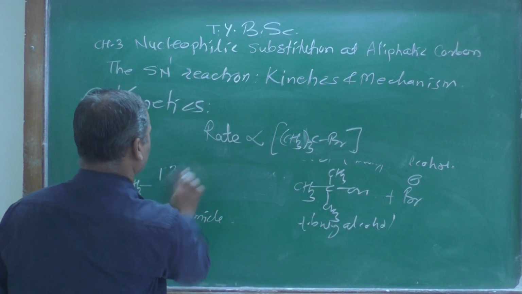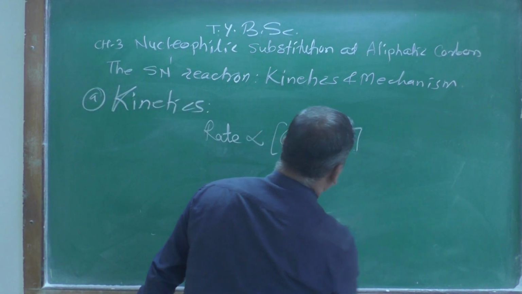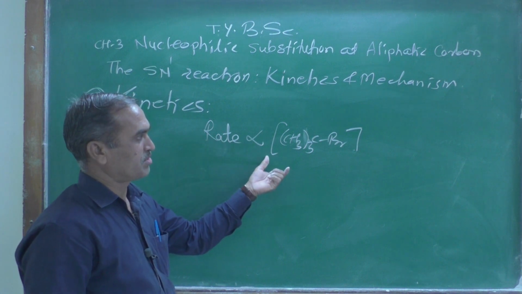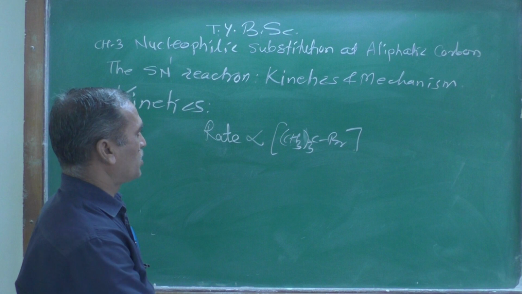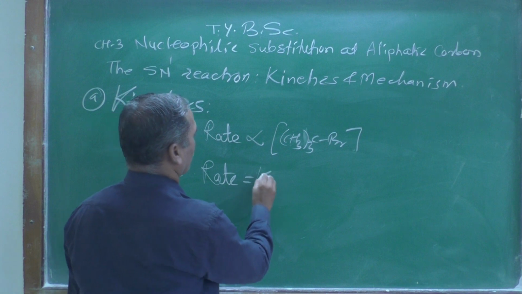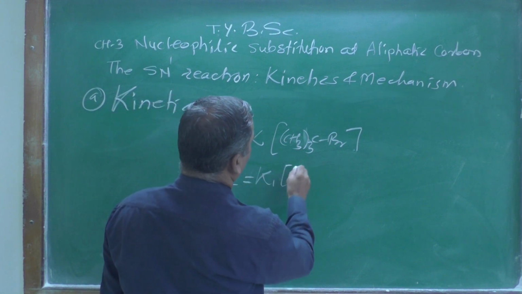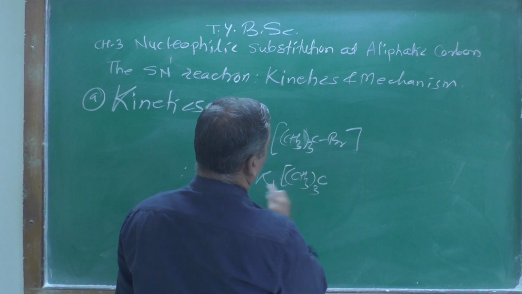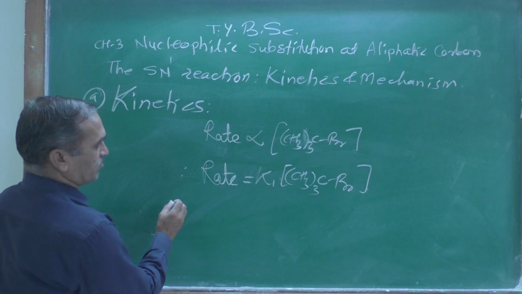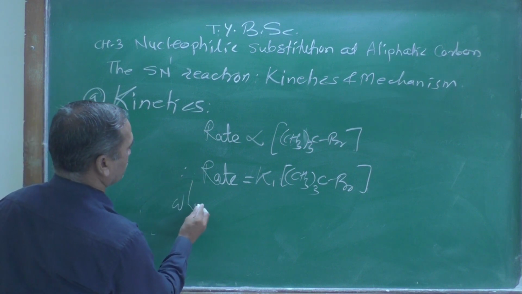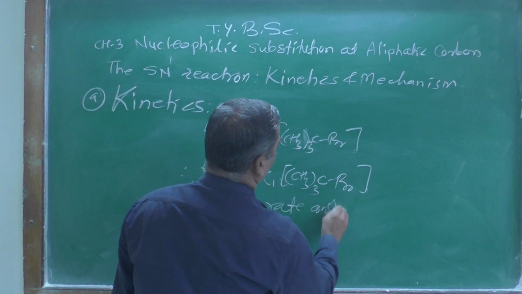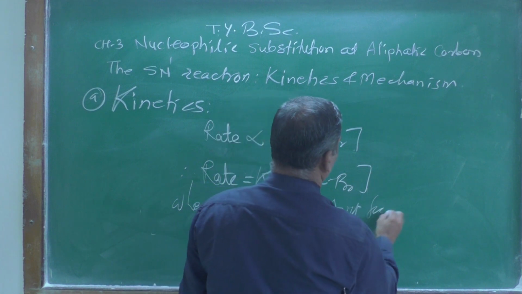Therefore, the rate is directly proportional to the concentration of tertiary butyl bromide only, so rate is equal to K1 times the concentration of (CH3)3CBr, where K1 is the rate constant for first order.